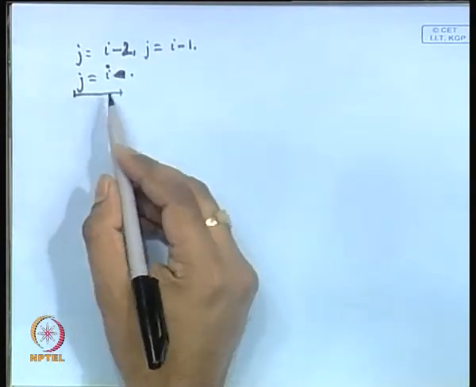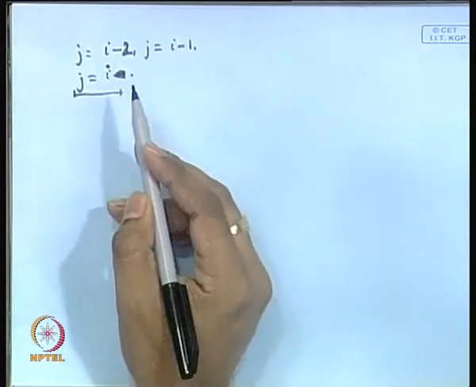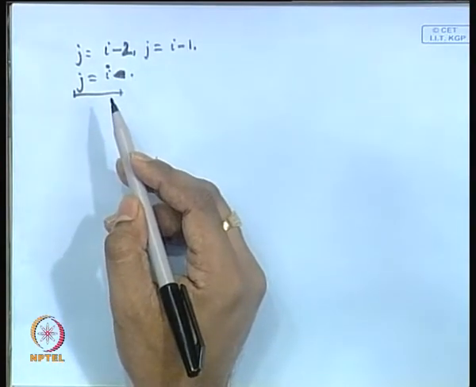We expect the results for j equal to I minus 2 and j equal to I minus 1, and we are proving the result for j equal to I, okay.